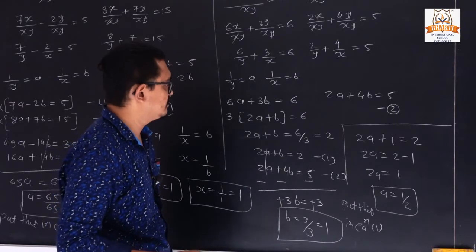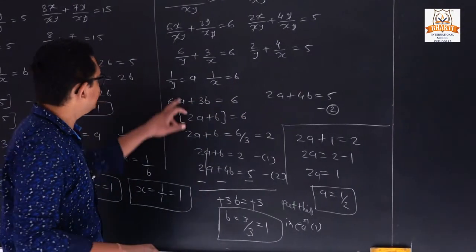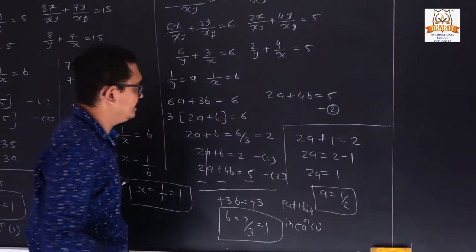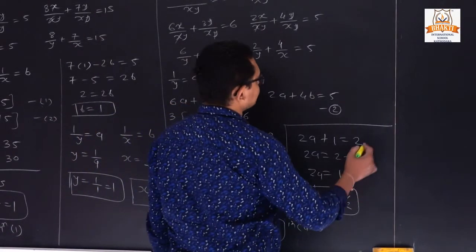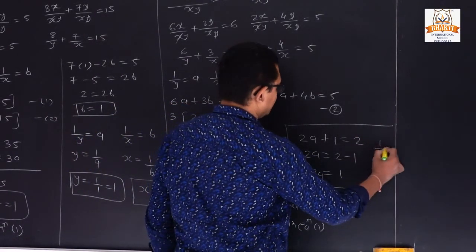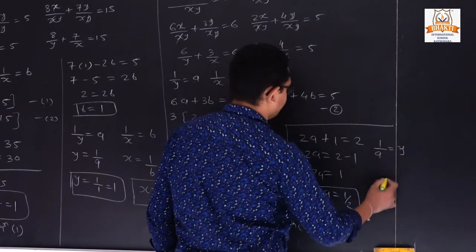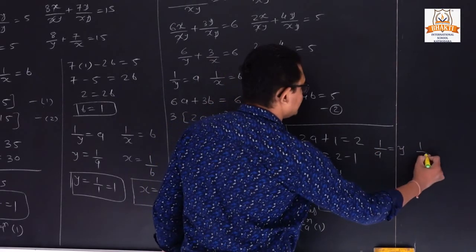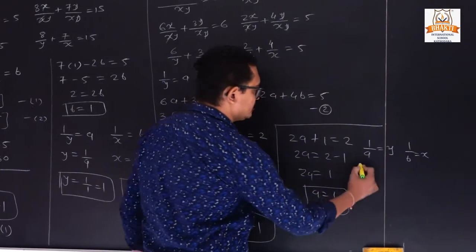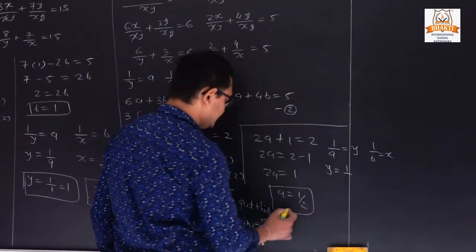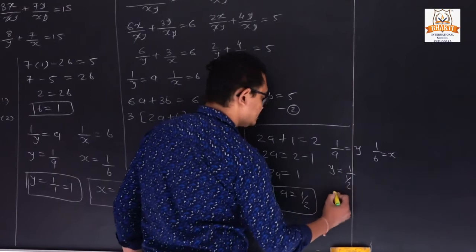Now next, what can we assume here? 1 upon y is equal to a. So we can write like that, 1 upon a is equal to y, and 1 upon b is equal to x. So y is equal to 1 upon, what is the value of a? 1 by 2. So it is going to the numerator.